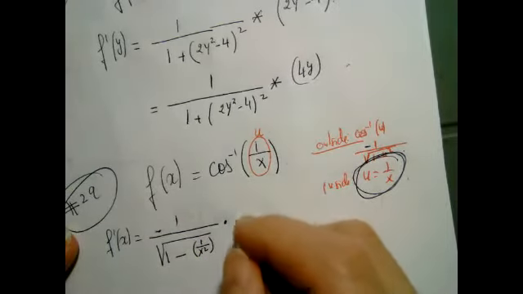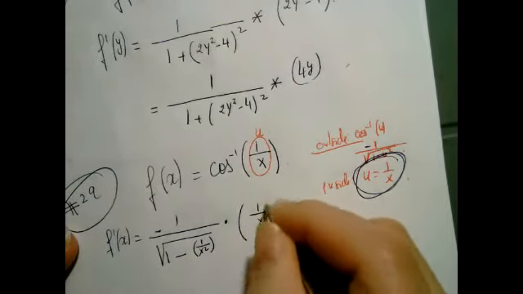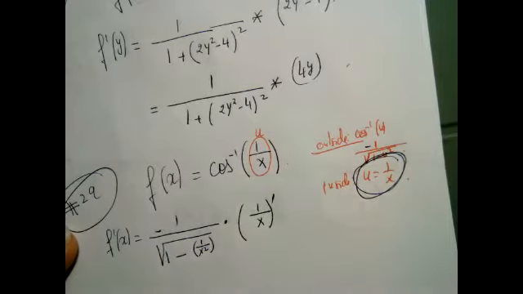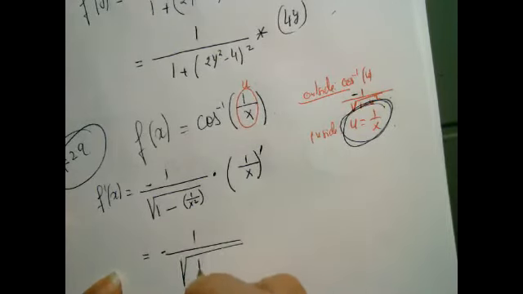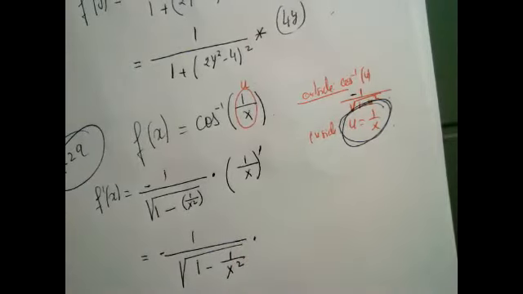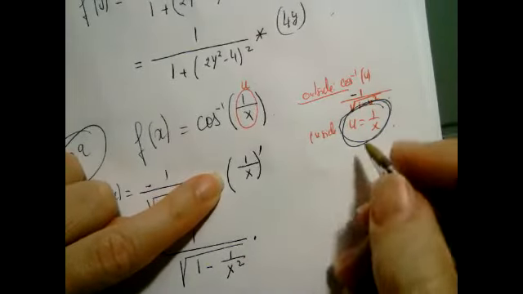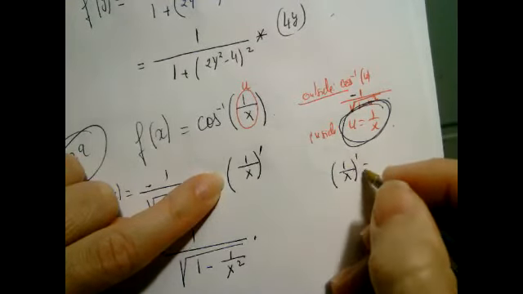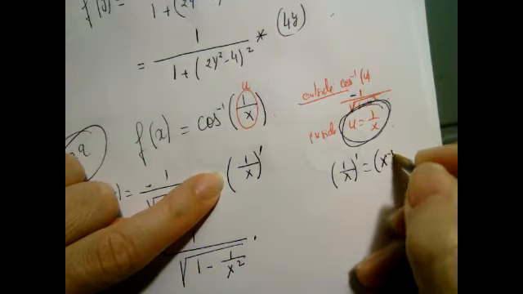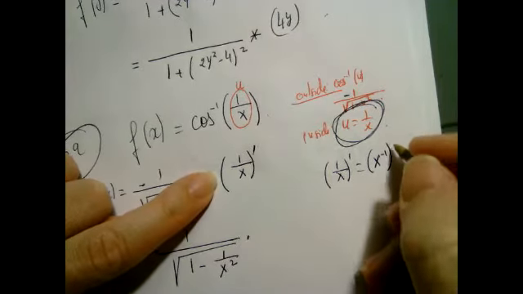Times the derivative of the inside. Okay, so this will give me minus 1 over the square root of that times... what's the derivative of 1 over x? Okay, let's do that. The derivative of 1 over x is the derivative of x to the minus 1.